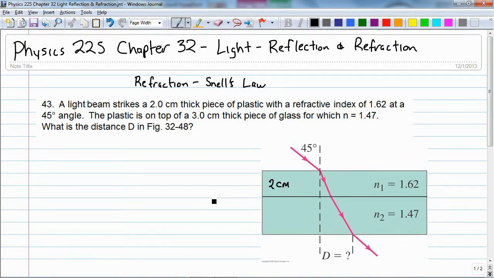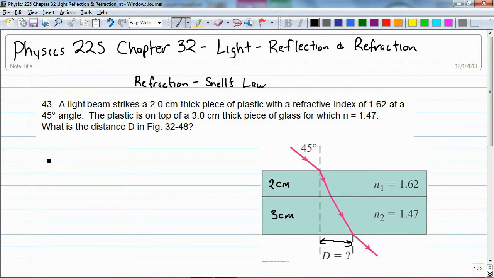The plastic is on top of a 3 centimeter thick piece of glass, 3 centimeters, with a refractive index of n, which is 1.47, and we want to calculate the distance from where the light enters to where the light exits.